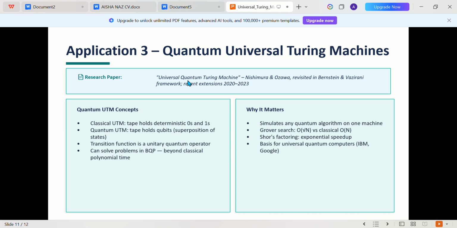Imagine Turing machines working with quantum physics. Classical processes are very slow, and using this sort of approach, it makes the algorithms work way faster.